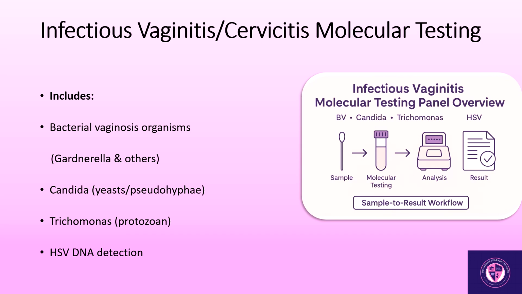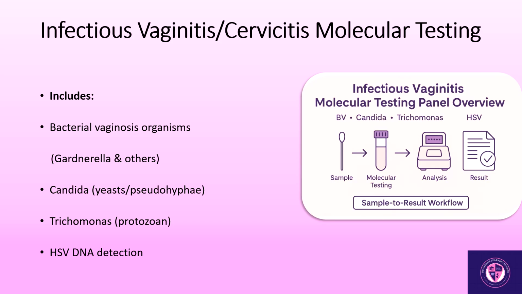Some other infections that can be detected by molecular techniques include infectious vaginitis, whether it is bacterial vaginosis, Candida species, or Trichomonas vaginalis. PCR-based assays offer higher sensitivity than cytology, especially for Trichomonas. Some FDA-approved assays like Aptima and Alinity m perform extremely well in these.